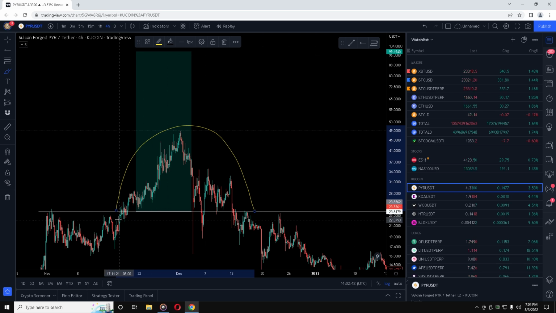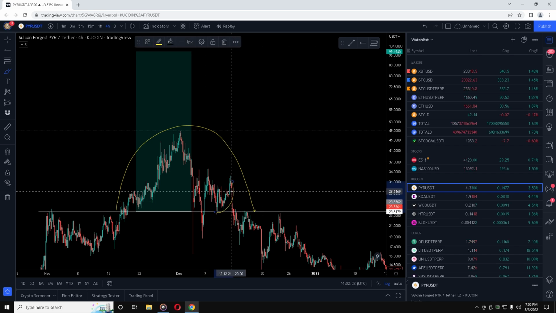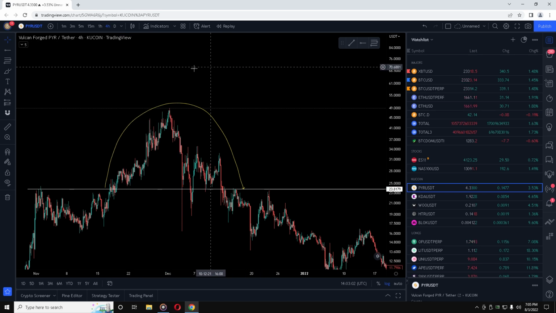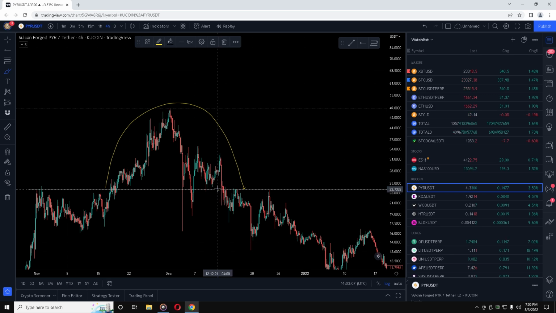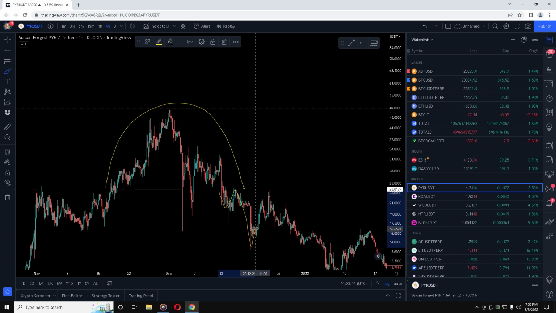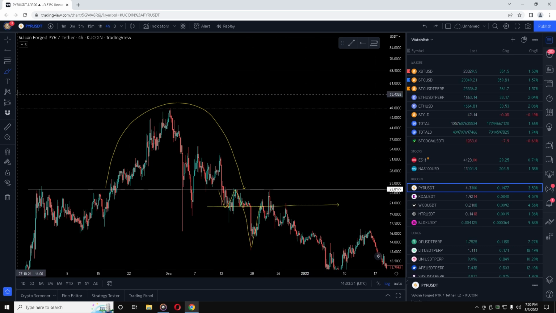Now if someone missed this whole rally from here towards here and they are looking to enter on retests, let's say here, and they're not using a stop loss, ideally you would have this pump, you would move your stops to break even, but let's just assume the person is not using a stop loss to break even. What happened here? This whole deviation, alright, breakdown, you had a retest of the key level, a breakdown again, this whole sell off, then you had this former low which got retested over here and had a rejection again.